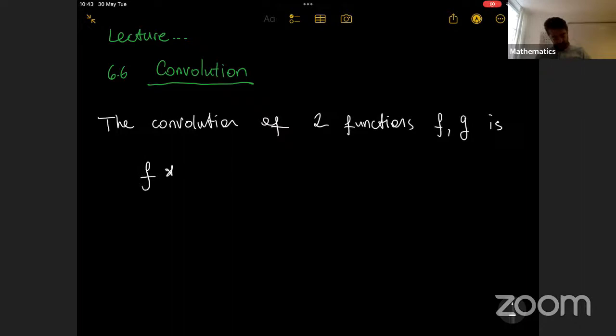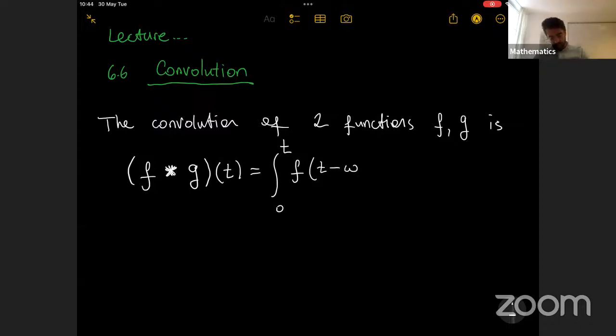We will denote this by star, f star g. Here it just denotes the convolution of f with g, and it is a function again, given by this formula: integral from 0 to t of f of t minus w, g of w dw.